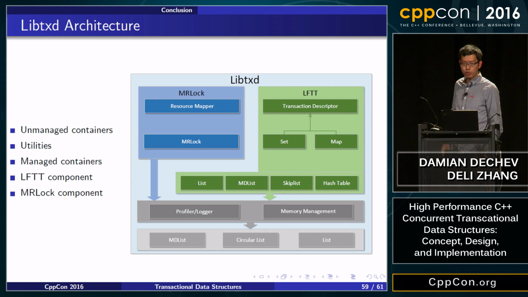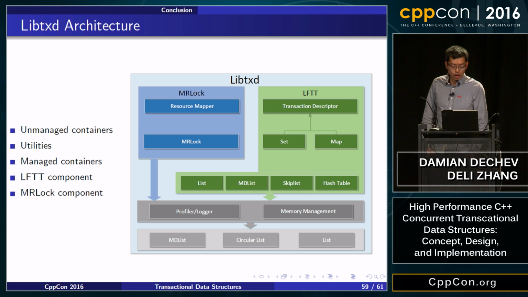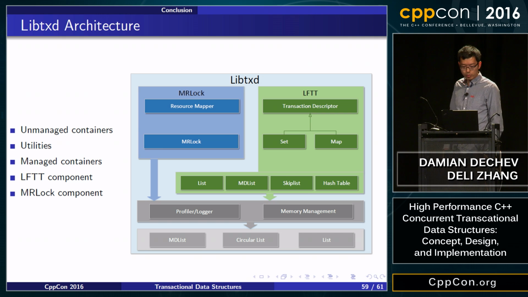Now here is an overview of Libtxd. At the very bottom level, we have 3 unmanaged containers, which are lock-free data structures without a memory management scheme. These data structures will be used internally or externally by the memory management module and the lock-free profiler logger. Unmanaged means that their memory will not be reclaimed until the data structure itself is destroyed.